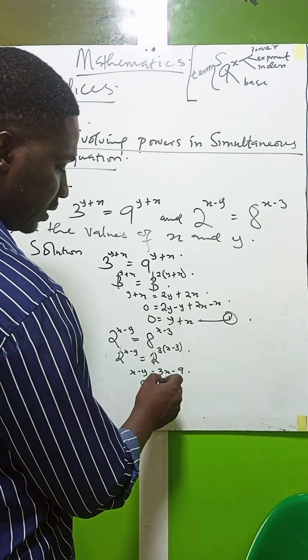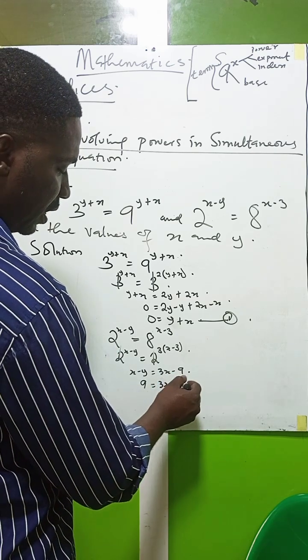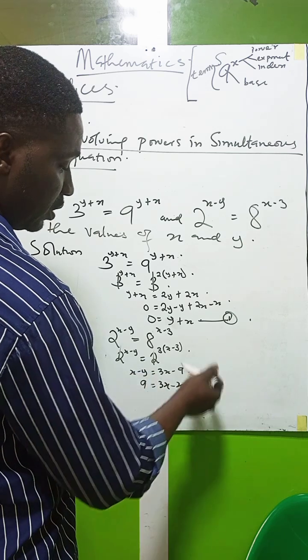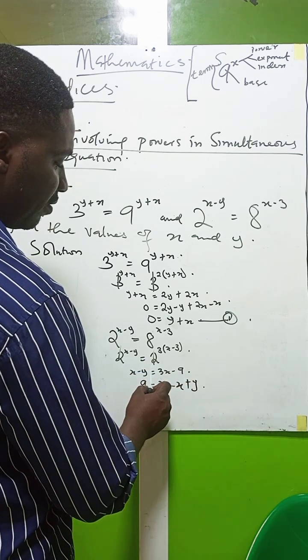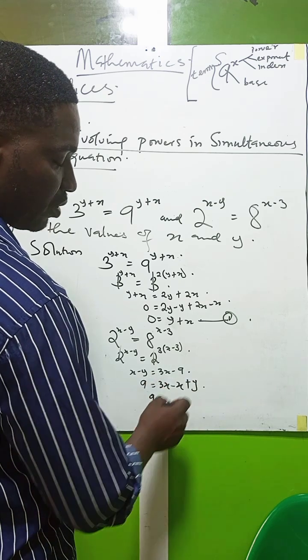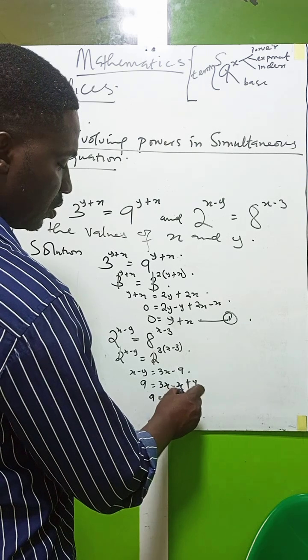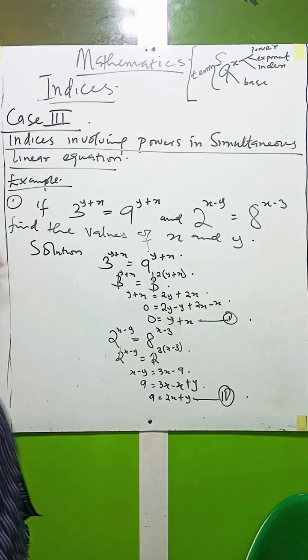Then we have 3x here already. Bring this x to this side, becomes minus x. This is y, bring y to this side. This minus y, bring it to this side, becomes plus y. So we have 9 equals 3x minus x, which gives us 2x plus y. So that's our equation 2.